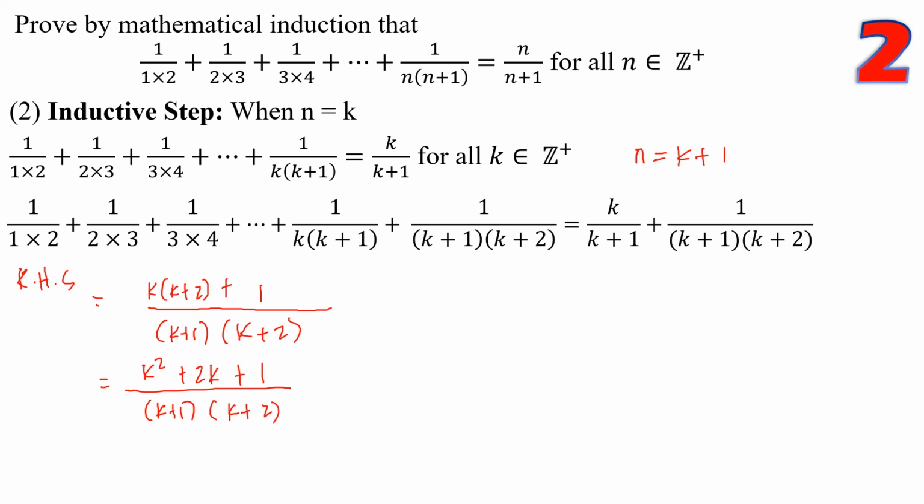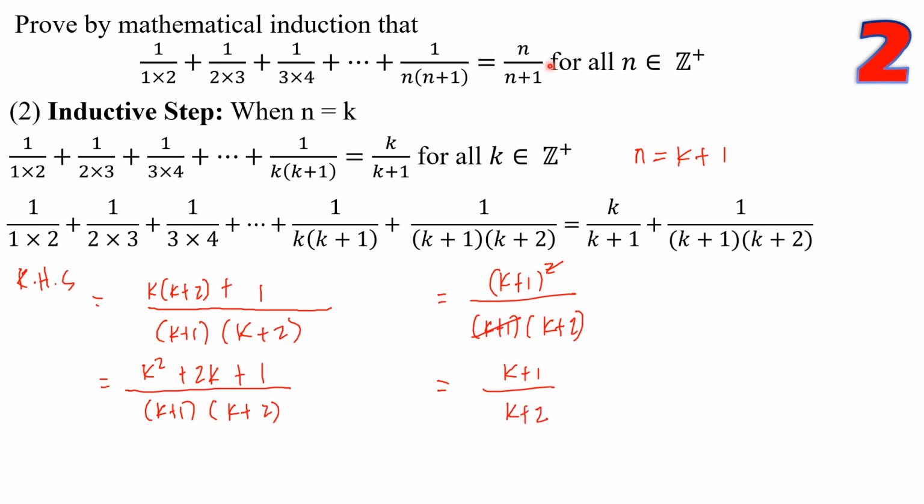So we have k plus 1 squared over k plus 1 times k plus 2. K plus 1 over k plus 1 is equal to 1. Hence, we can cancel k plus 1 in the numerator and in the denominator. The resulting fraction is k plus 1 over k plus 2.